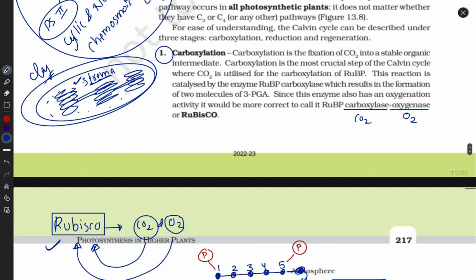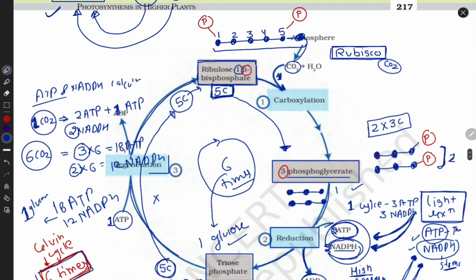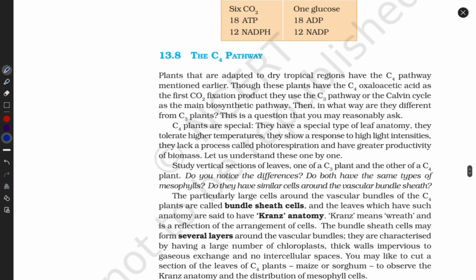In our next video, we will cover the Hatch and Slack pathway and other kinds of pathways. In our next pathway, we will discuss the C4 pathway. In this pathway, we discuss Kranz anatomy.